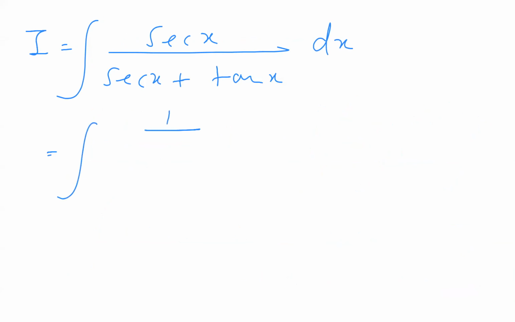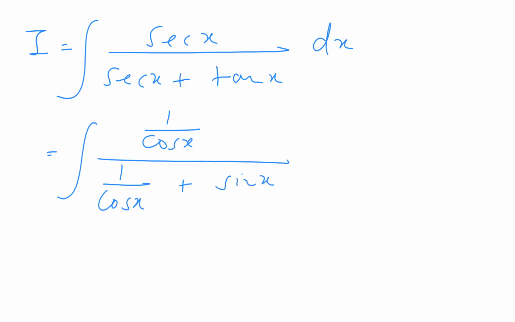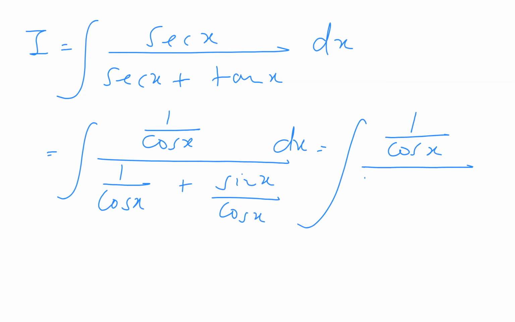Convert everything into sine and cos. That is the basic rule of trigonometry. Okay. So 1 plus cos x upon 1 plus sin x upon cos x dx.